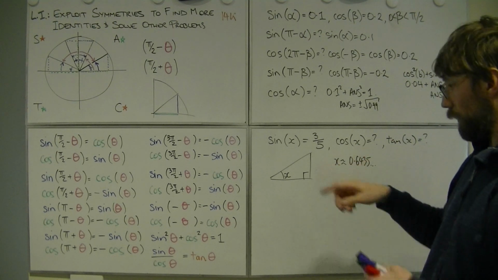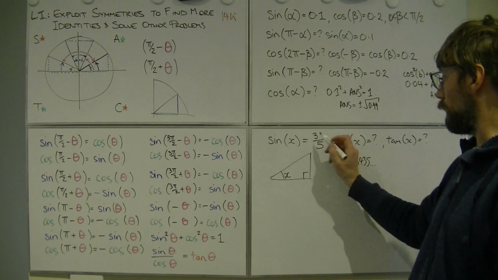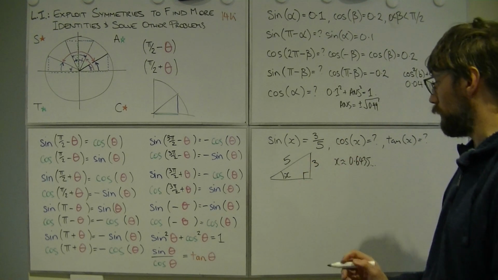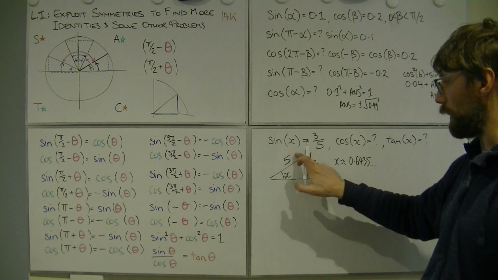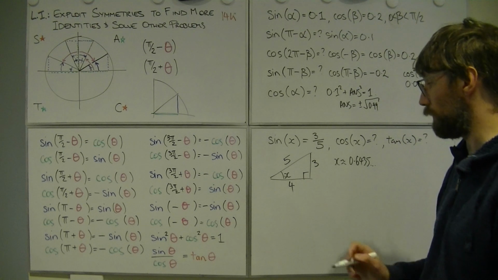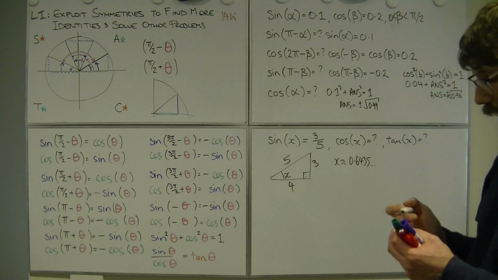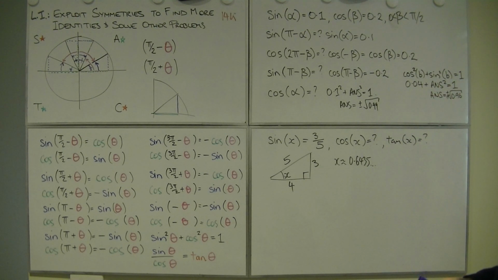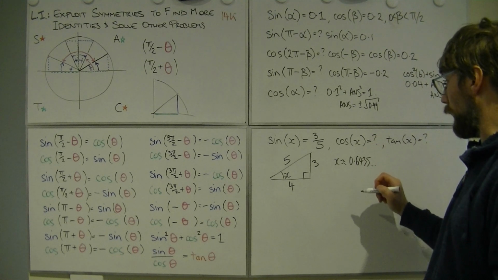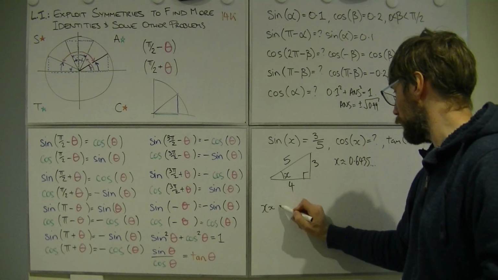Sine is O over H. Well, I could use Pythag to figure out this last side, and because they're nice famous numbers, hopefully you'll figure out that that's a 4 very quickly. That's one way I could get there, and it's totally valid.